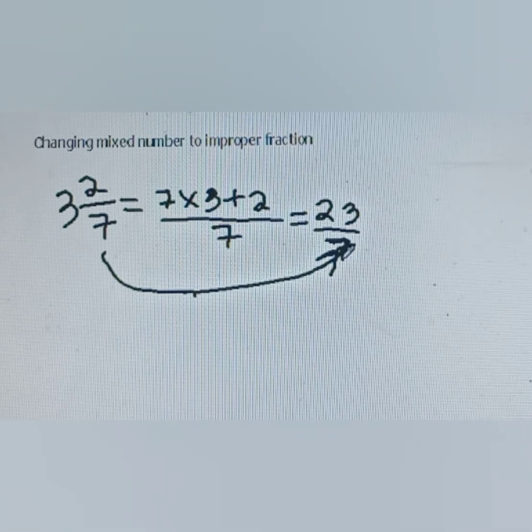By the way, this is 7 again. Only this is mixed number. This is improper. If you notice, 23 is bigger than 7. So it's an improper fraction. So the answer is 23 over 7.